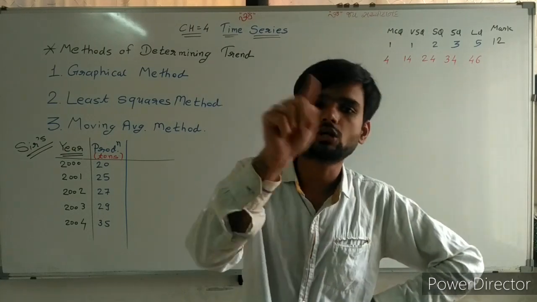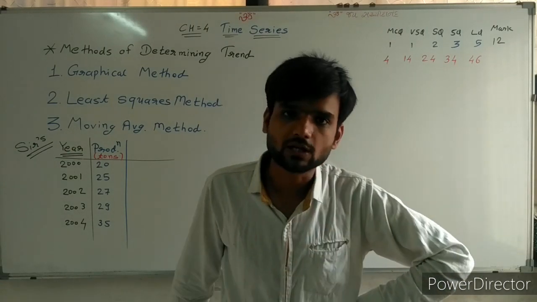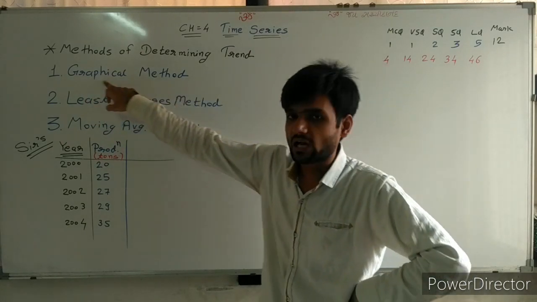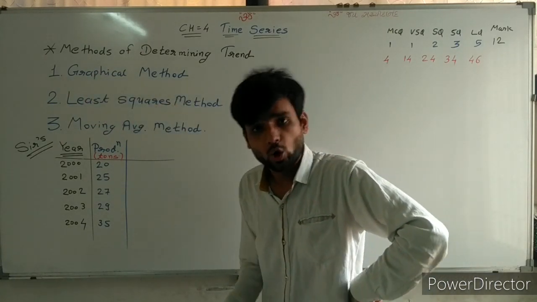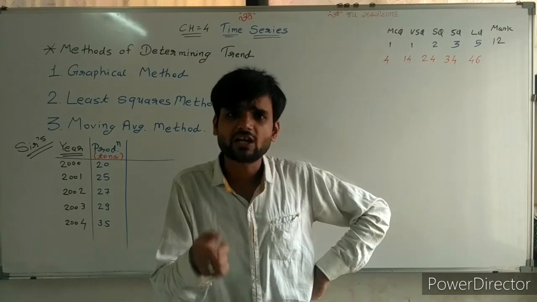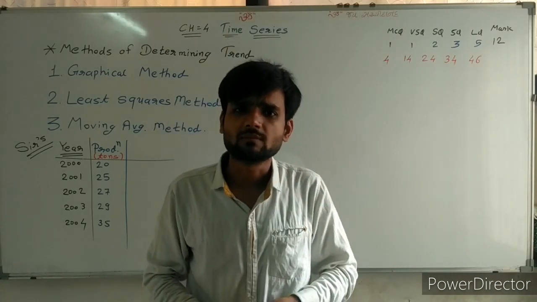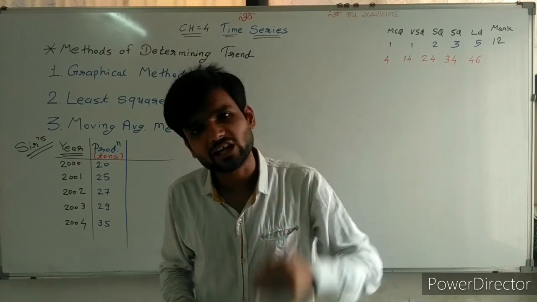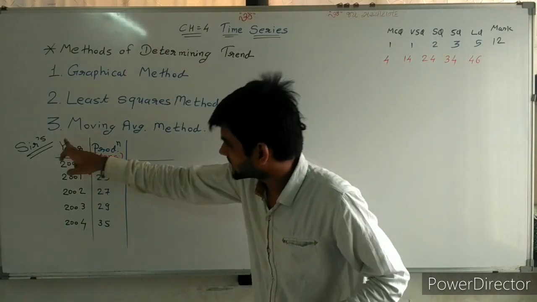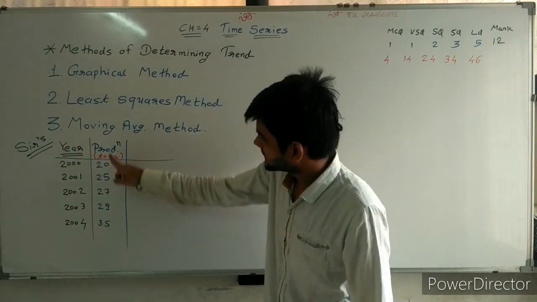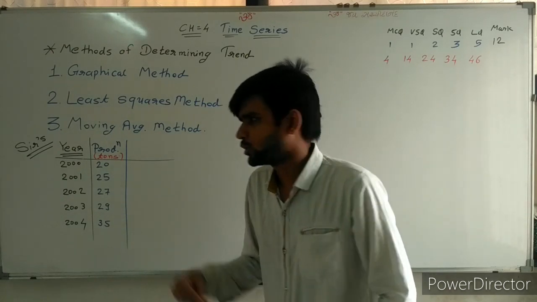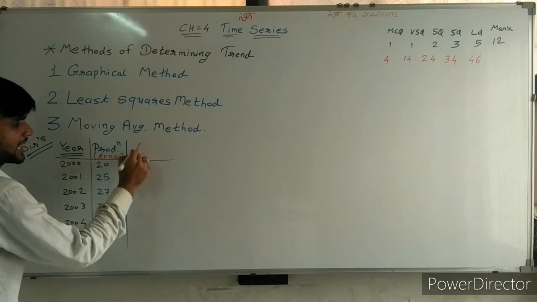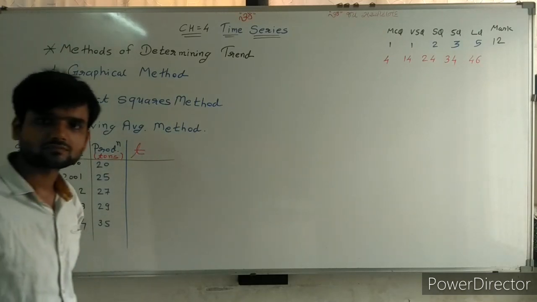So in chapter number 2, we have done graphs. On that graph basis, we can find the trend by plotting points related to particular data. So sir, here data is given: years, and second is production. Suppose we consider year as time t.